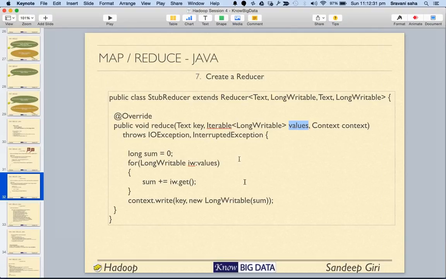You iterate over these values, and whatever the summation is, you put it in the context. Instead of printing it, you put it in the context.